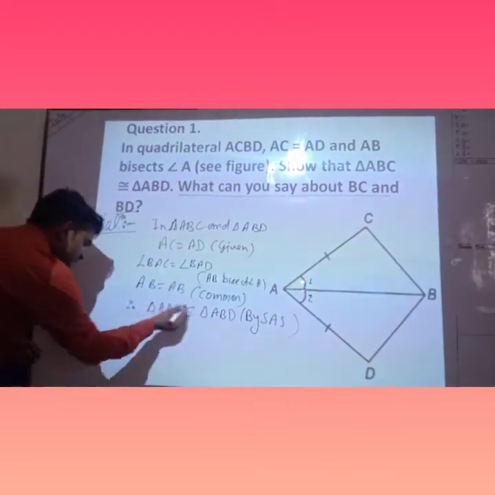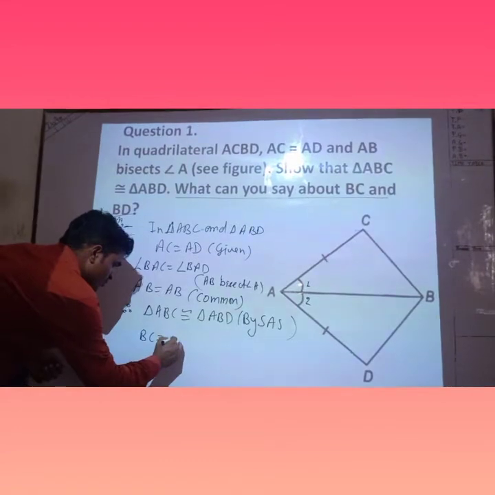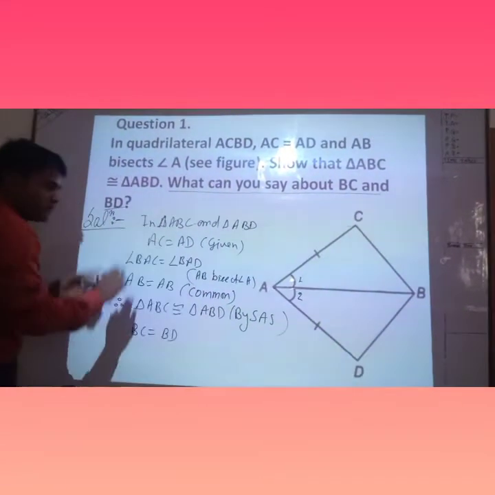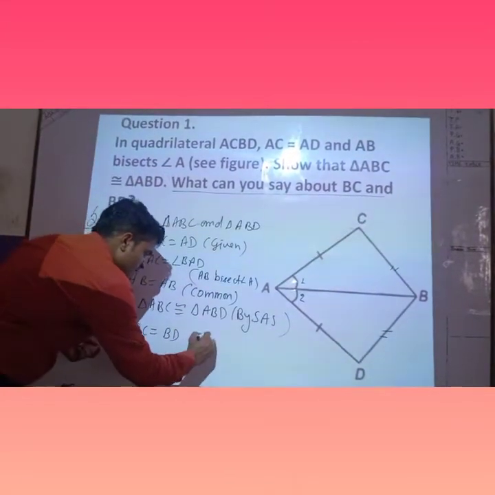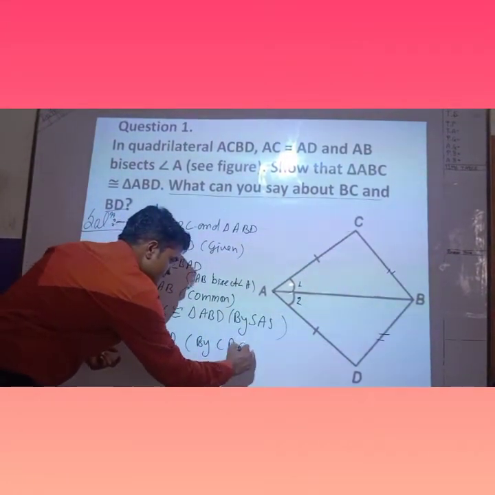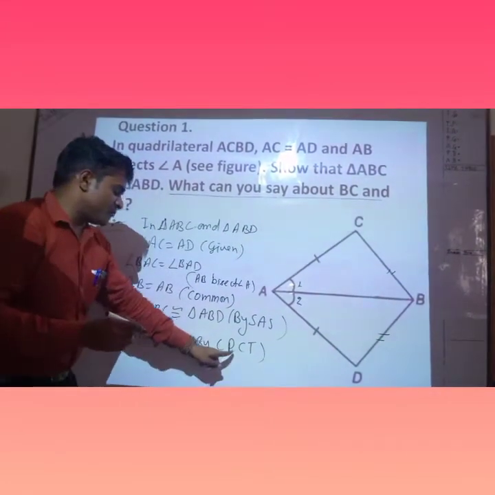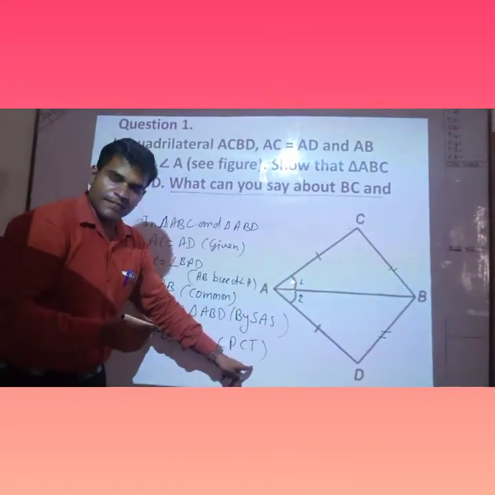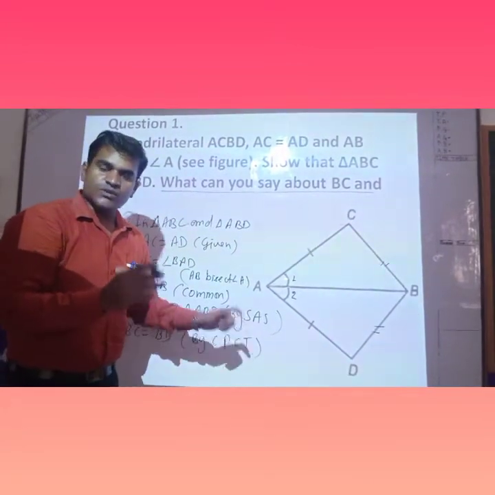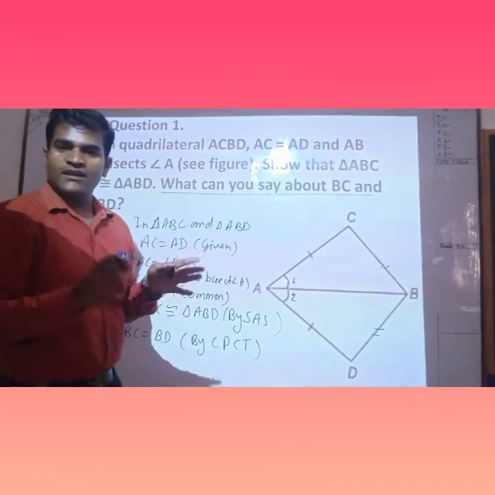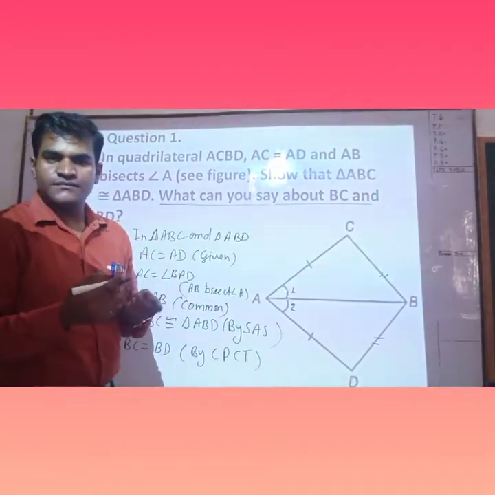How are these two sides equal? By CPCT, as we know, corresponding parts of congruent triangles are equal.